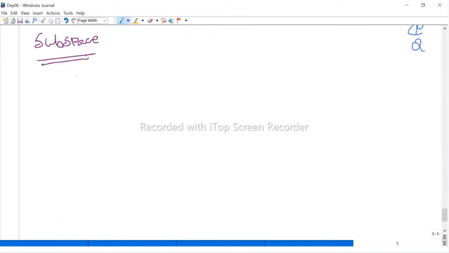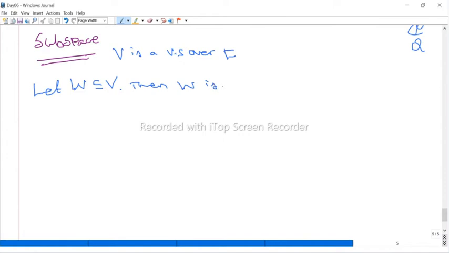Now, what do you mean by subspace? Suppose we have a subset W of a vector space V. What is given? V is a vector space over the field F. Suppose we take some non-empty subset W of V. Then W is a subspace.